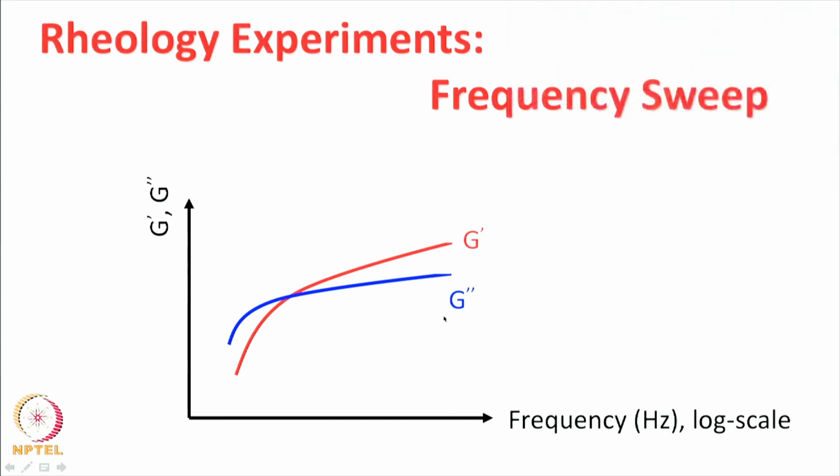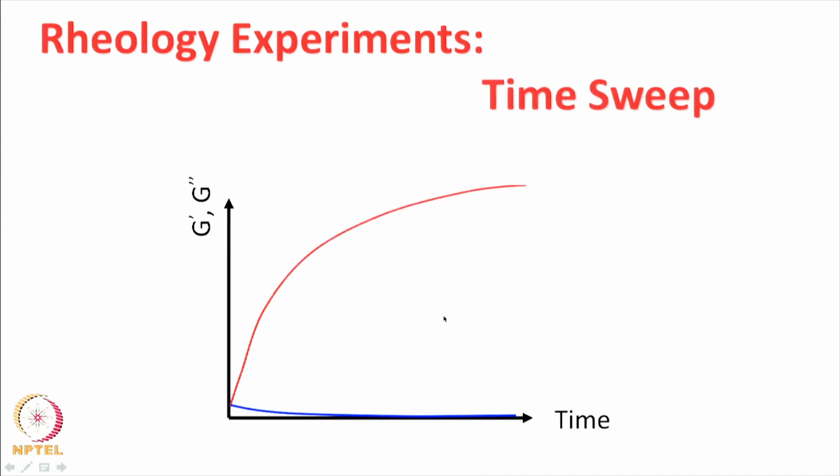You might also be interested in tracking how a system behaves while it gels or in the presence of some enzyme. So, what you can do is you can do a time sweep where the strain and the amplitude is kept constant, and you monitor G prime and G double prime as a function of time. So, once again here what you see is G prime.